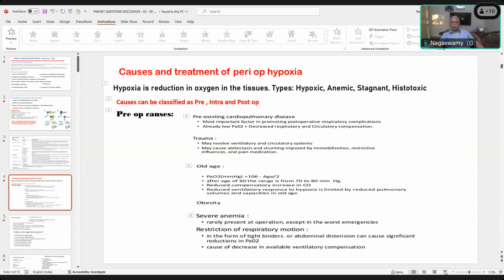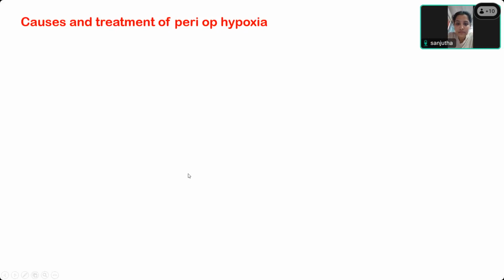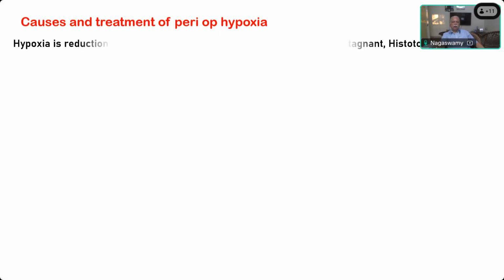Are you able to see the slides? Yes, sir. I have put a heading here: causes and treatment of perioperative hypoxemia. Even if the question says describe the various causes of perioperative hypoxemia, don't just stop with the causes alone, but mention the treatment also.